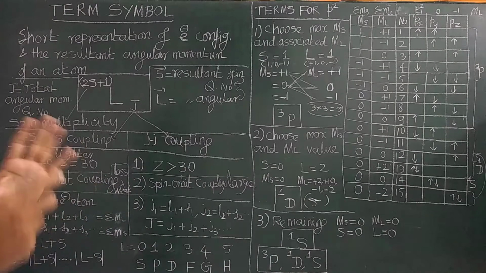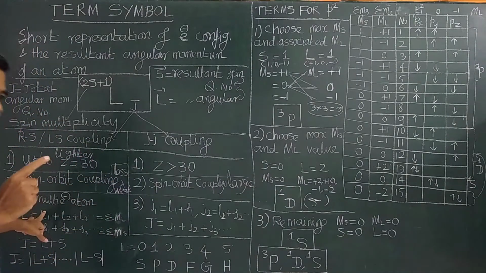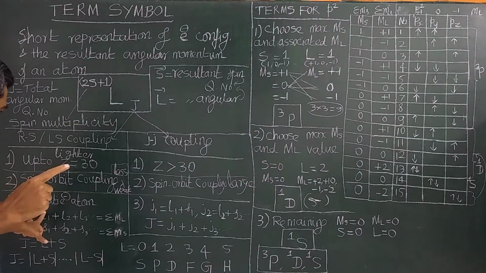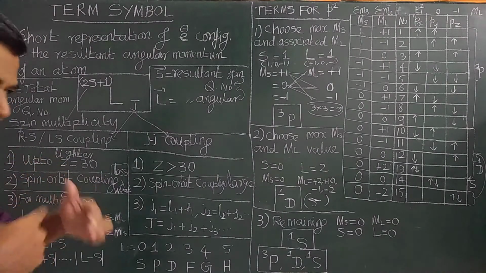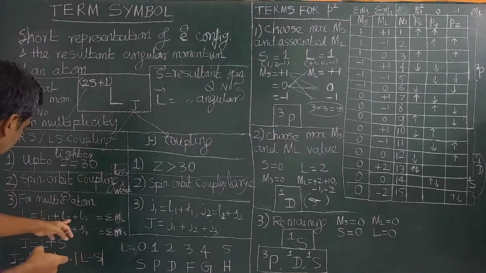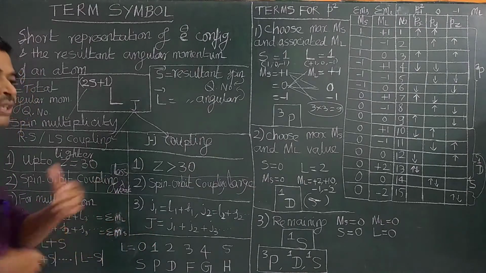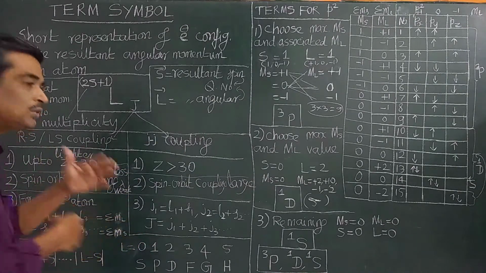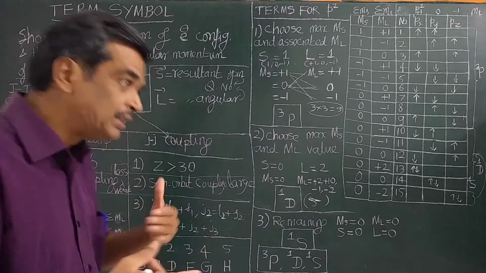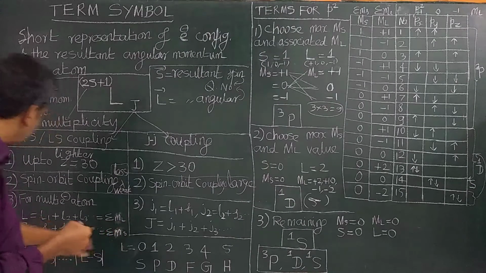For example, electron 1 has orbital angular momentum l1, which couples with the orbital angular momentum of the second electron, and again with that of the third electron, and so on. Since it is a multi-electron atom, there are several electrons, therefore the summation of ml.